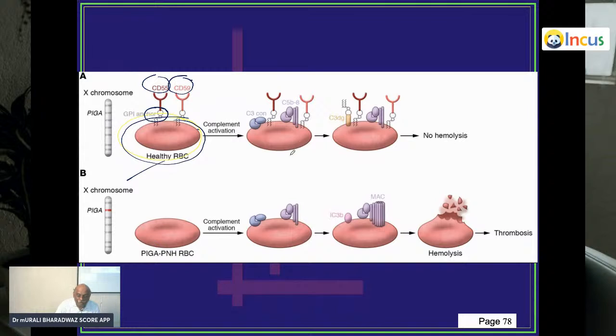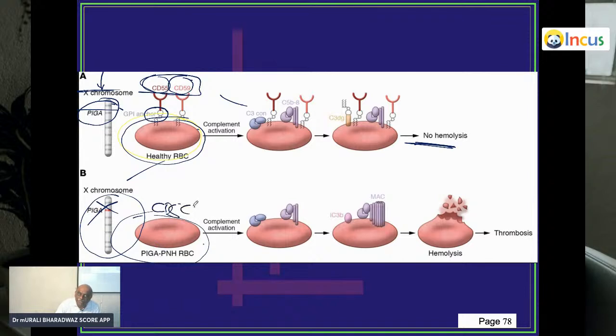The PIGA is there on the X chromosome, then there will be no hemolysis because complement cannot attack because these things are all there. But if there is any defective PIGA, then PIGA negative PNH RBC, which does not have CD55, CD59, the complement gets activated, the membrane attack complex will form, and it will lead to hemolysis.